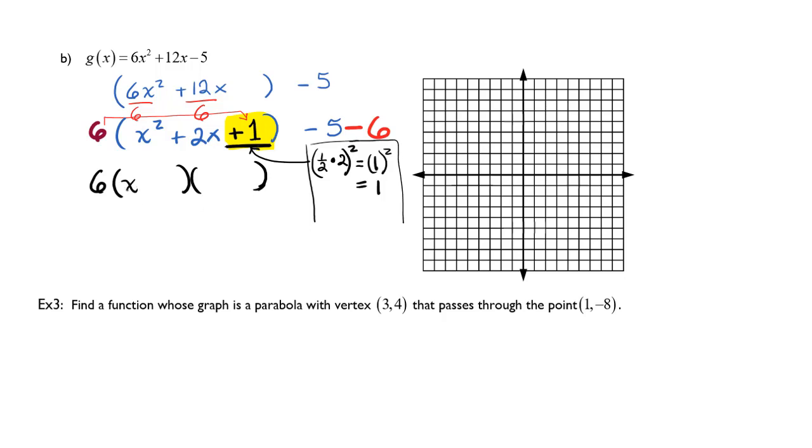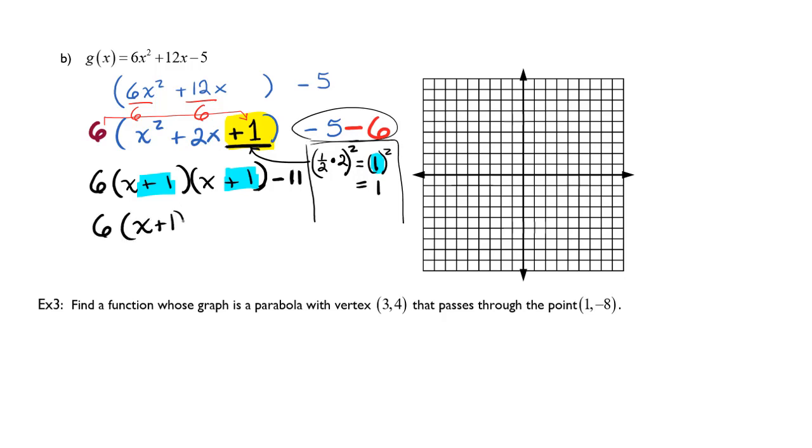Remember that the plus 1 is always going to be the number inside the parentheses of the 1/2 b before you square it. And -5 minus 6 is -11. So now I have 6 times the quantity x plus 1 squared minus 11.